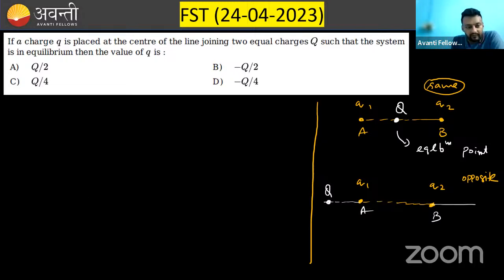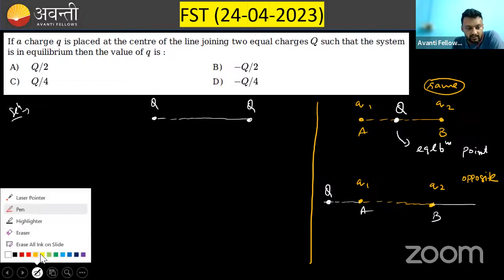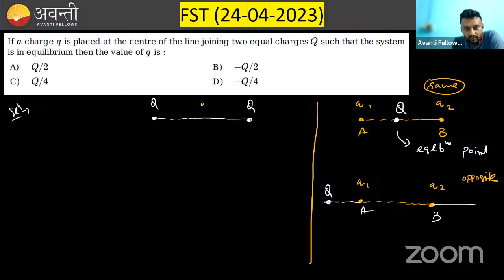Now in our question, a charge small q is placed at the center of the line joining two equal charges capital Q. If this distance is r, this is also r, such that the system is in equilibrium.